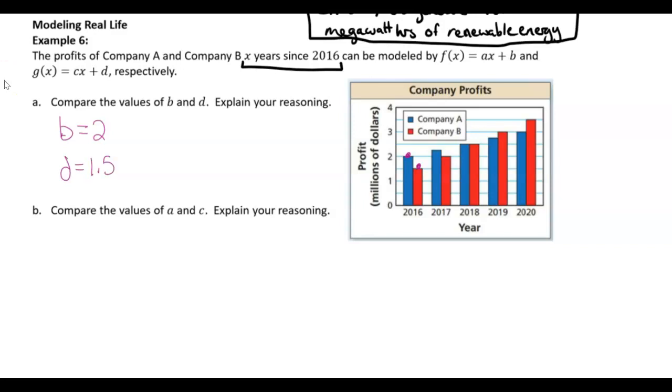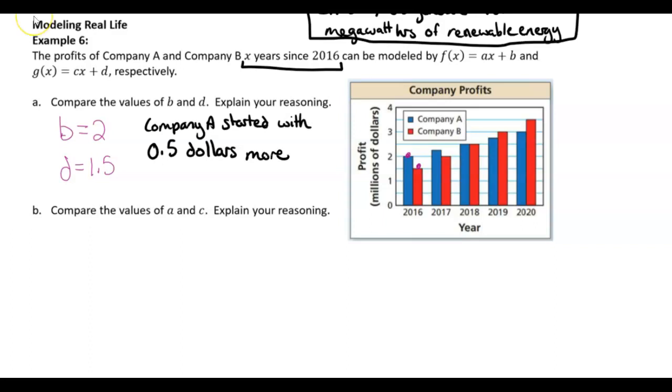Okay, so what this means is Company A started with $2 million of profit compared to $1.5 million of profit for Company B. So Company A started with $500,000 more in profit.